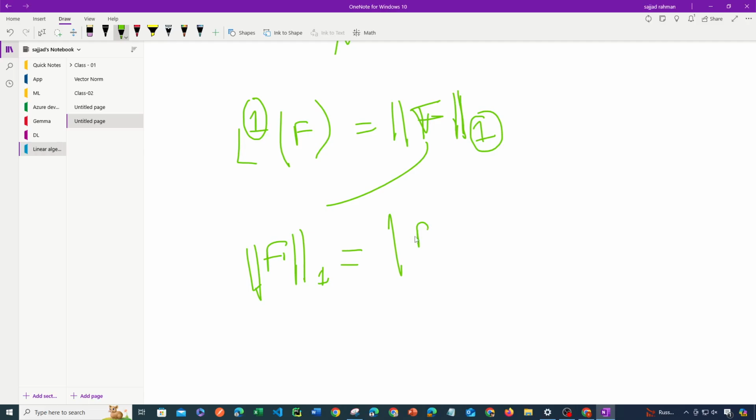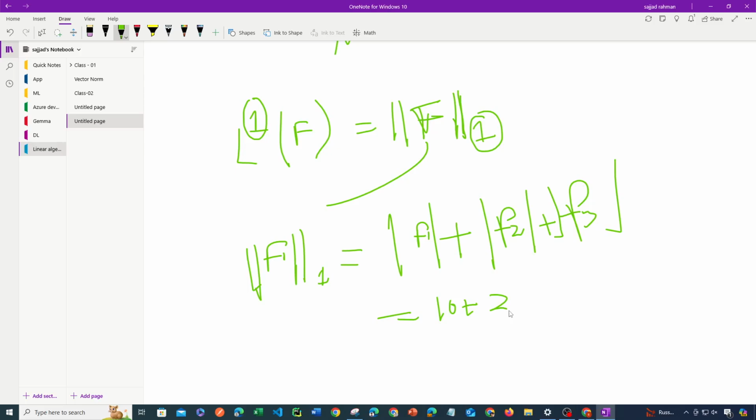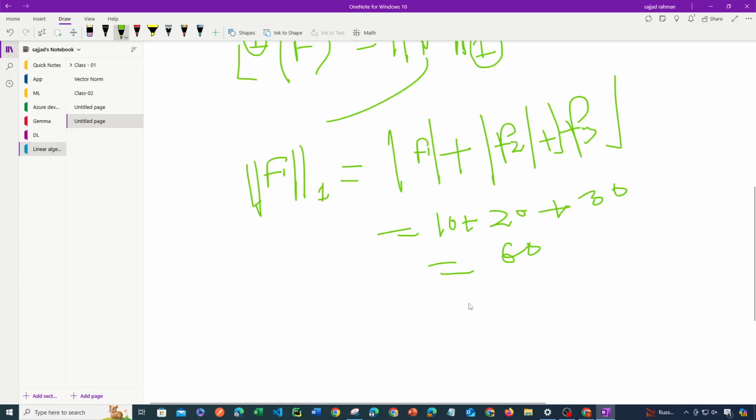If it has three values, f1, f2, f3, then we add them. Simple. This is the L1.